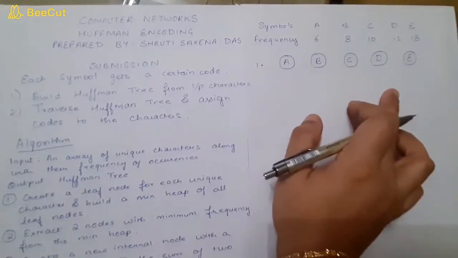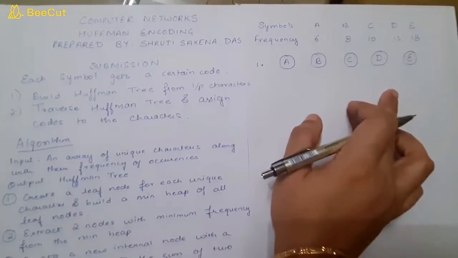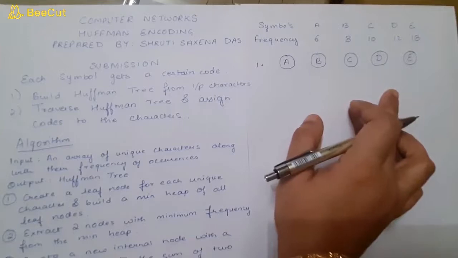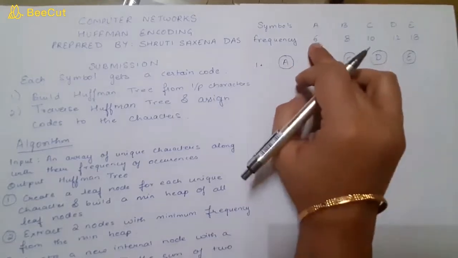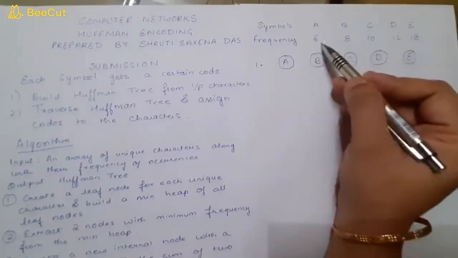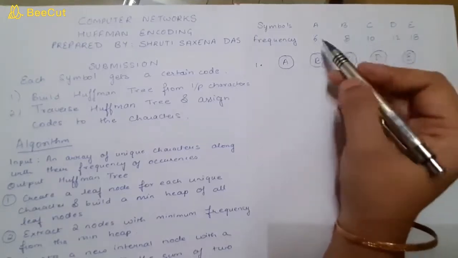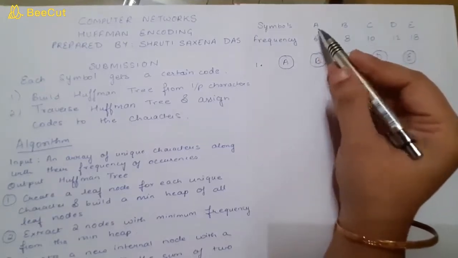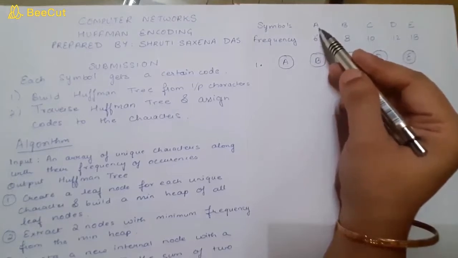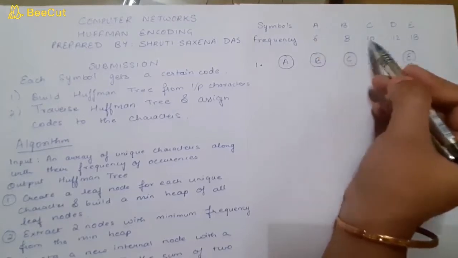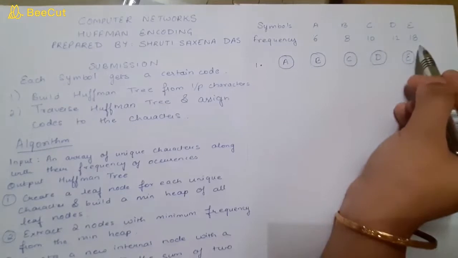And we need to build a minimum heap of all leaf nodes. Minimum heap means you have to arrange them in ascending order. The symbols must be given, but here I have arranged them in ascending order.